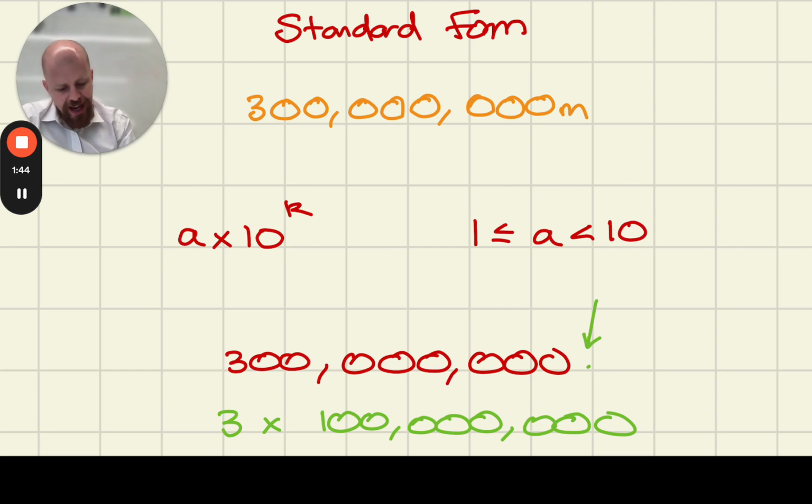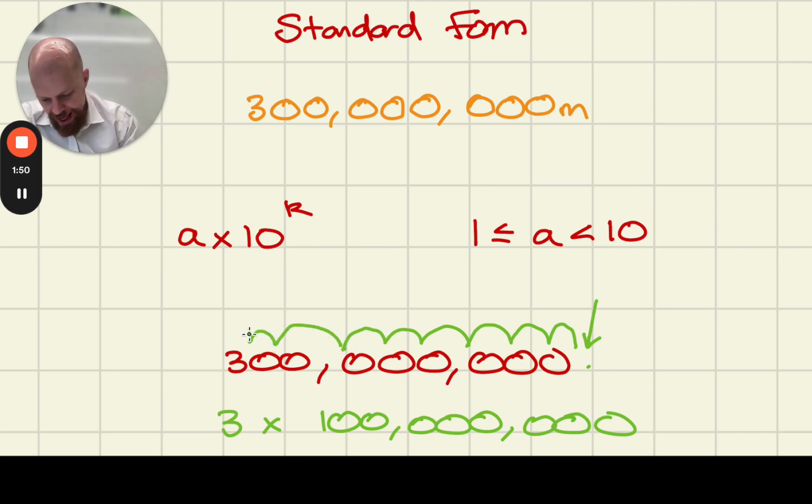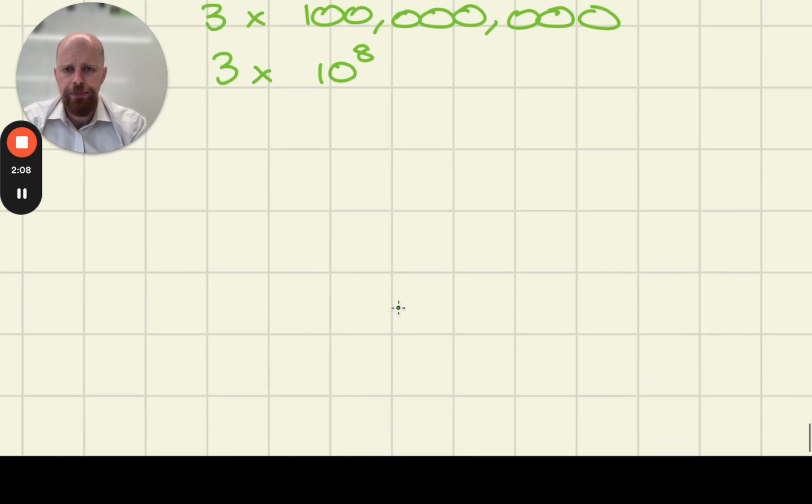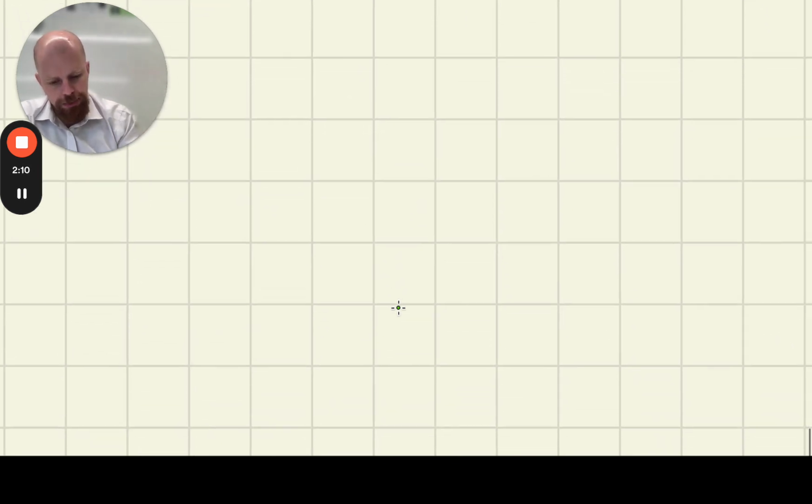That would be the same as moving the decimal 1, 2, 3, 4, 5, 6, 7, 8 times. 100 million is 10 to the power 8. So I can write this as 3 times 10 to the power 8. This is now in standard form. And you can see that 3 times 10 to the power of 8 is much, much easier than 300 million to deal with.